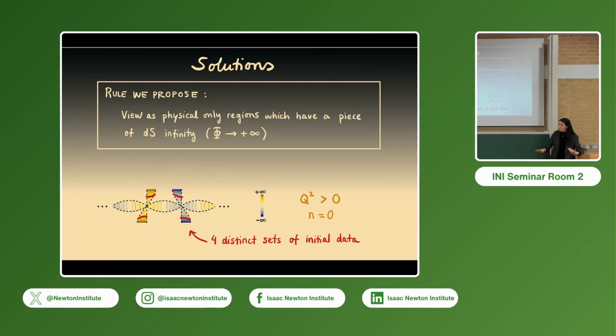This is an a posteriori rule, which you may or may not agree with, but it throws away half of the initial data, the ones where the dilaton is negative, because in those cones there is no de Sitter part, no part where the dilaton goes to plus infinity. Moreover, it also throws out the totally vicious regions, since they also don't have a de Sitter infinity in them. This is an a posteriori way to interpret how there are only 2 points in phase space to label this madness with 4 sets of initial data and totally vicious regions in them. Any questions and comments?